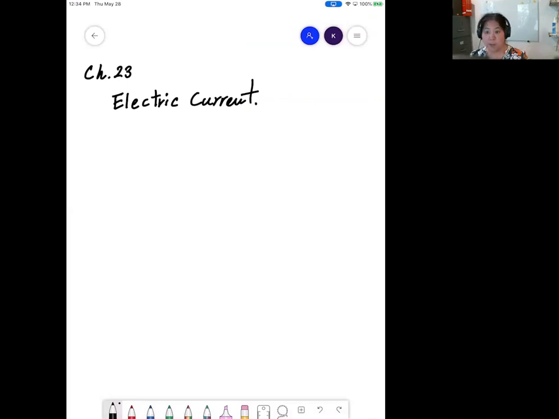So it's the flow of a charge, right? How can you have a flow of a charge? We are no longer electrostatic.